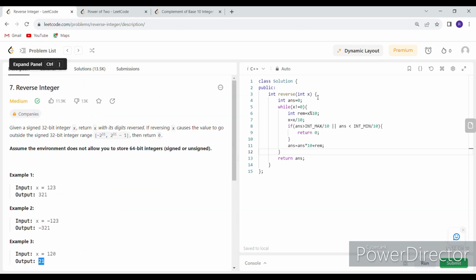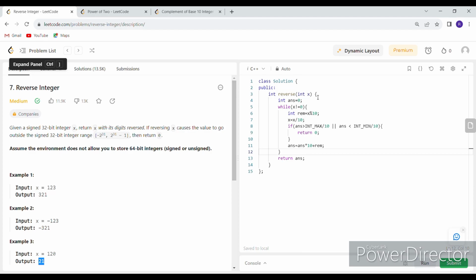As we need to reverse it, the first thought coming to my mind is that we can find the last digit, and then after finding the last digit, I can multiply it by 10 and add the previous number, and then keep on multiplying by 10 and adding the previous numbers. This way I can get what I want.